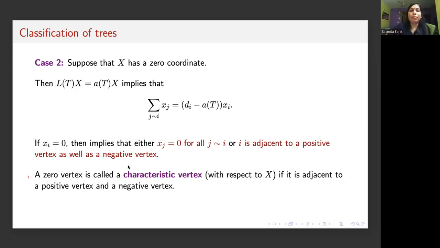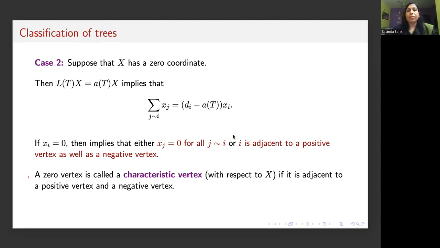So in the first case I told that there is no 0 vertex. In that case, we'll find exactly one edge, which gives one end vertex as positive and one end vertex as negative, and that's known as the characteristic edge corresponding to that vector. And if there are 0 coordinates, then at least one 0 vertex will be there, which is adjacent to a positive vertex and a negative vertex, and that will be called the characteristic vertex.